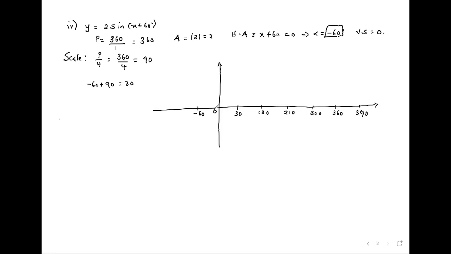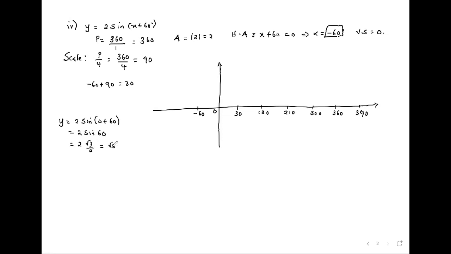And then we go to the function and substitute, so that we get y is equal to 2 sine 0 plus 60. That is 2 sine 60. Sine 60 is root 3 over 2.